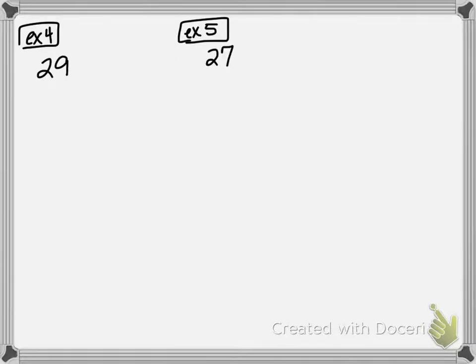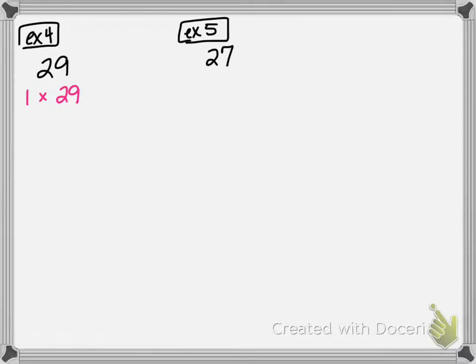Okay, just a couple more here just to make sure that we've got the idea solid. I think I'm on example 4. Let's do 2 numbers in the 20s. First of all, let's do the number 29. Then let's do the number 27. So 29, I know that 1 times that number will give me that number. So 1 times 29 is 29. 29 is not divisible by 2 because it's not an even number.